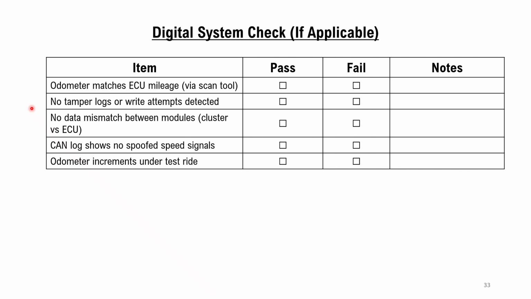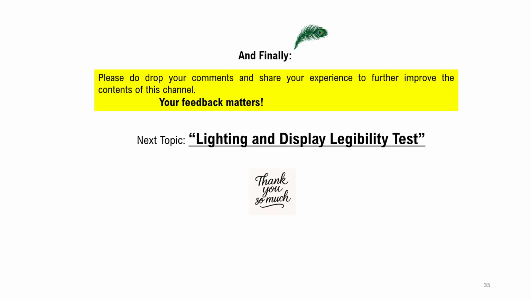Scan log shows no spoofed speed signals, considered a pass. Odometer increments under test ride; if it is okay, it is considered a pass. And finally, inspector signature and date of signature.